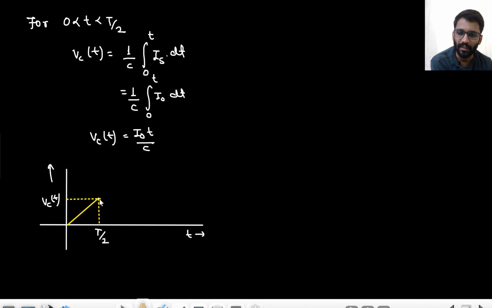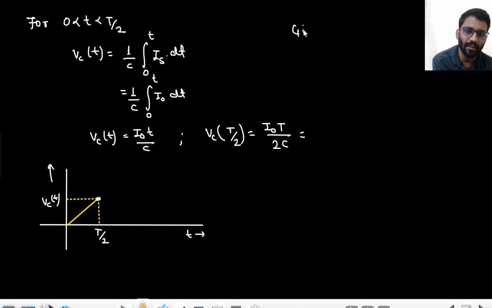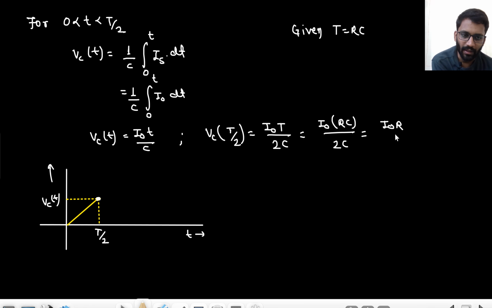What will be VC at t equals T by 2? It would be I naught T by 2C. Given T is equal to RC, I can put I naught into RC by 2C. So it would be I naught R by 2. From 0 to I naught R by 2 it will charge.